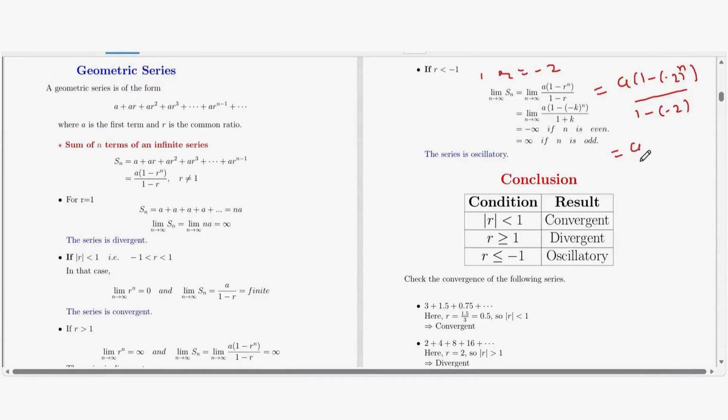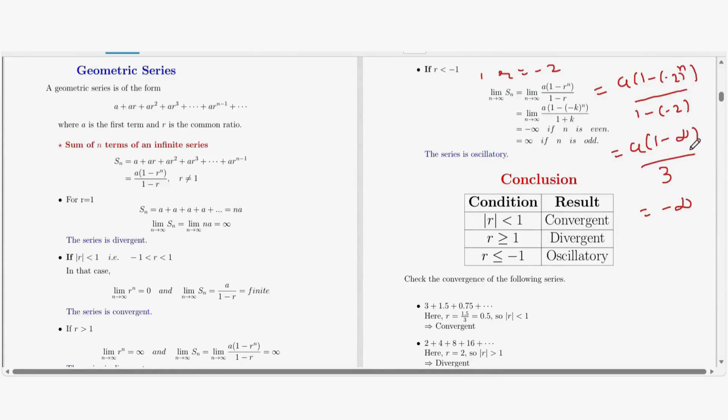We get a times (1 minus infinity) upon (1 plus 2), which is 3. So a times minus infinity. Here 1 minus infinity is negative. So we get minus infinity. So for n even, this limit is minus infinity.